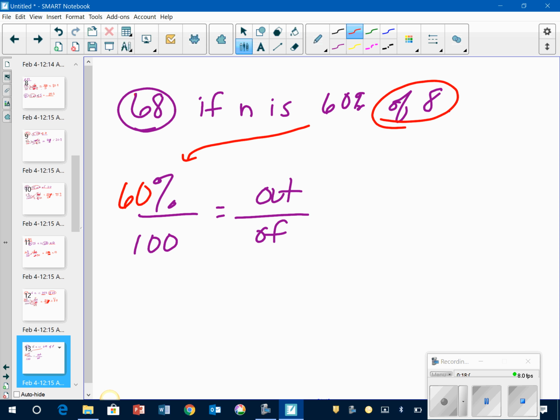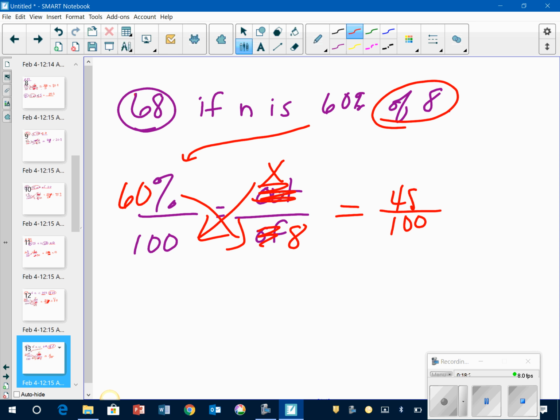We have our of 8, so this will be 8. This is our missing number, so it'll be x. Okay, x times 100, whatever you multiply the x by always goes on the bottom. 60 times 8 is 480. Again, you could divide 480 by 100, or take off a 0 on each number. You have 48 divided by 10, and it's 4.8. So n equals 4.8.